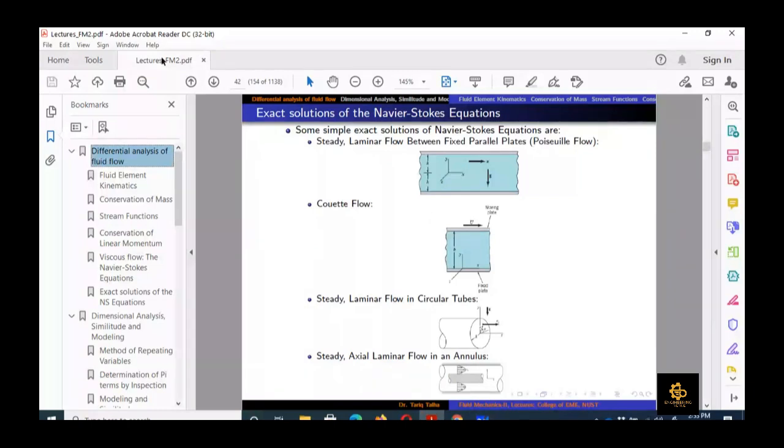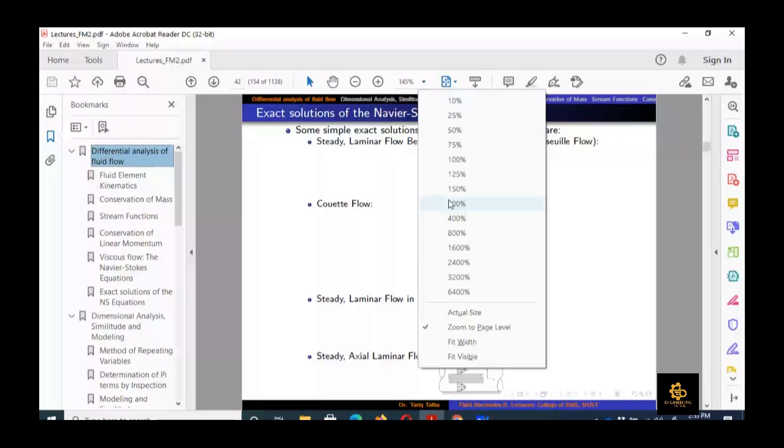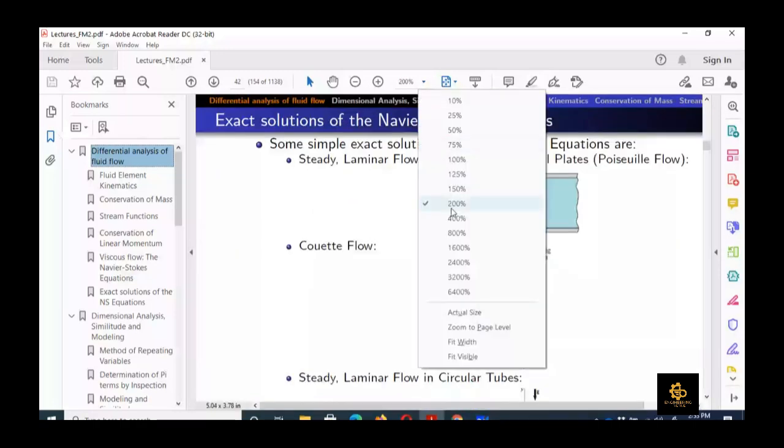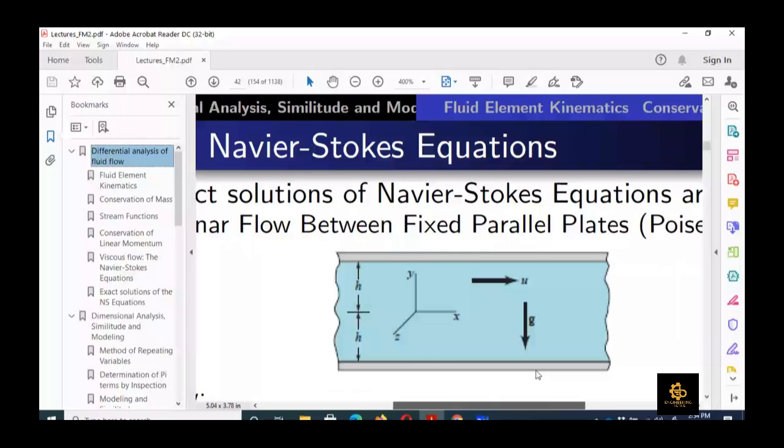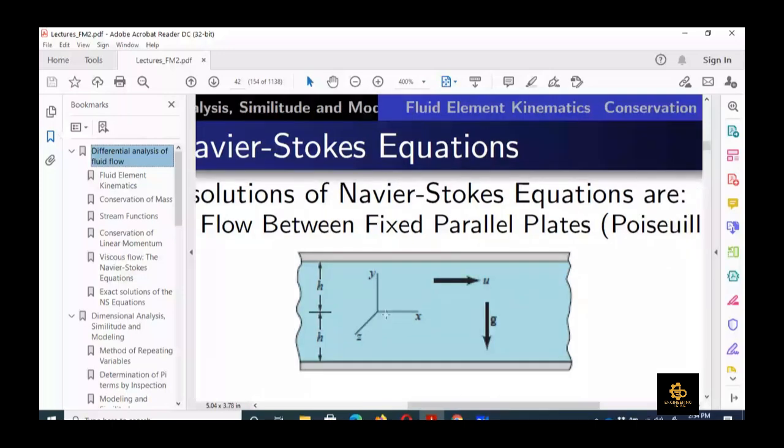If I zoom in a little bit, one thing I want to mention in this figure, the one on the top, is that the coordinate system is defined at the center of the plates rather than at the lower plate.